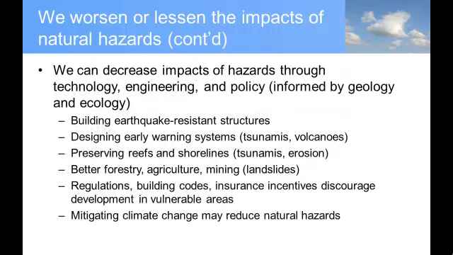There are a number of technological things we can do to minimize the impact of these things, including building earthquake-resistant structures, early warning systems, preserving reefs and other living ecosystems around the shorelines, better forestry and other soil management techniques, building codes, and mitigating climate change.